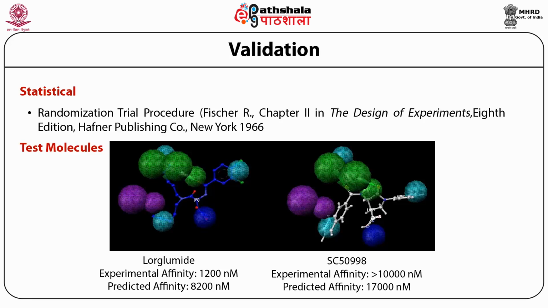Another compound, SC50998, was found experimentally to have very high nanomolar affinity, that means it is an inactive compound. These two compounds have very similar chemical motifs, however, they have very different affinities. So predictivity comes very close to the experimental affinity by searching with randomized trial procedures.